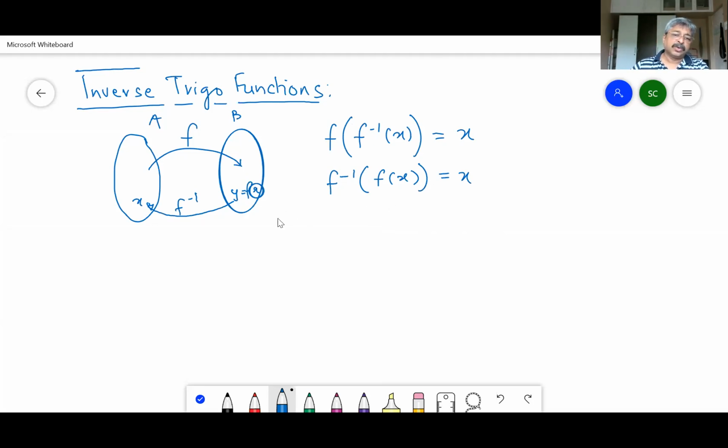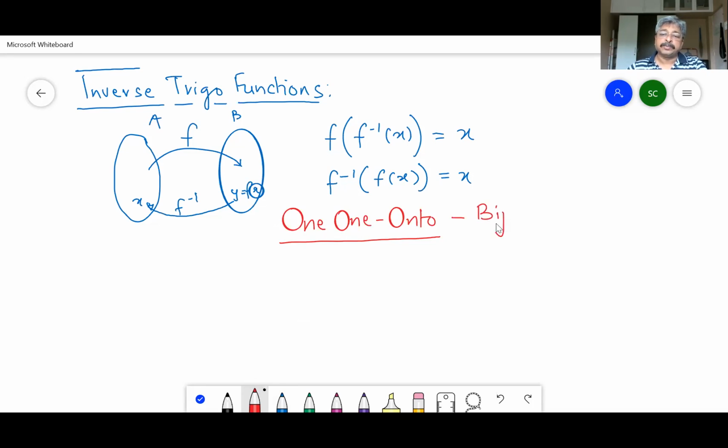And therefore we said if this has to happen, then we need the function to be of the type one-one onto, which is bijective. Unless we have a function which is bijective, we will not be able to take the inverse.